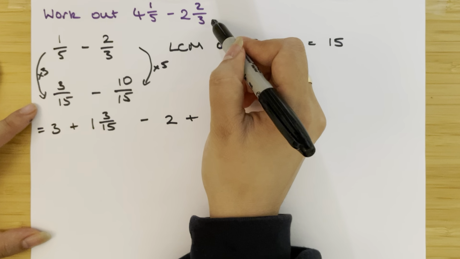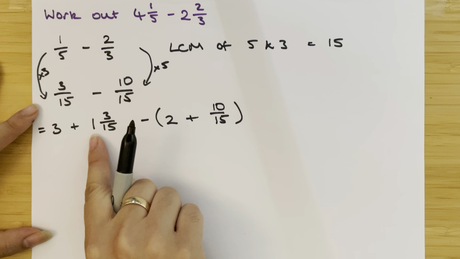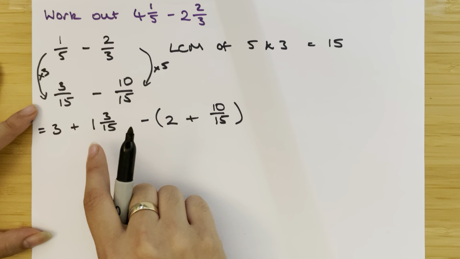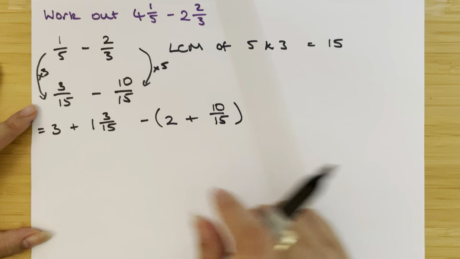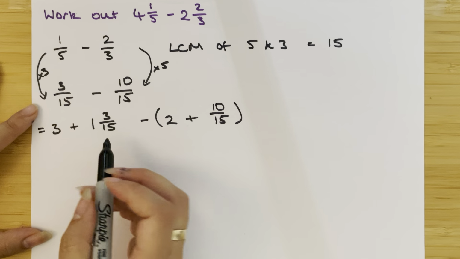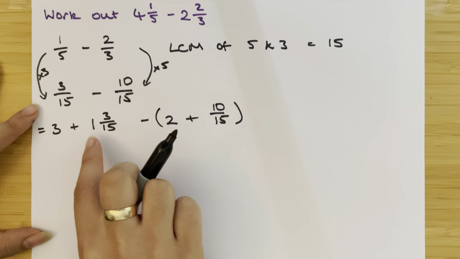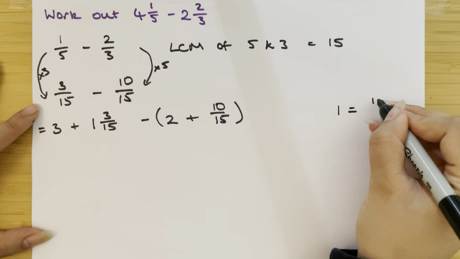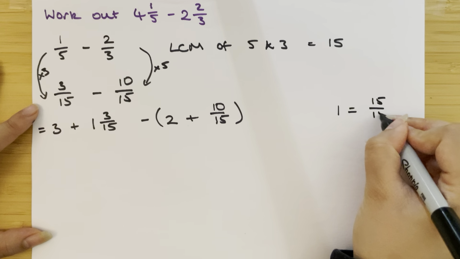Alright, so this 1 and 3/15, I'm going to put that into one fraction. And 1 on its own is like having a whole pizza and cutting it into 15. How many 15ths do you have? You have 15. So that will be the same as 15 over 15. 1 is equal to 15 over 15.